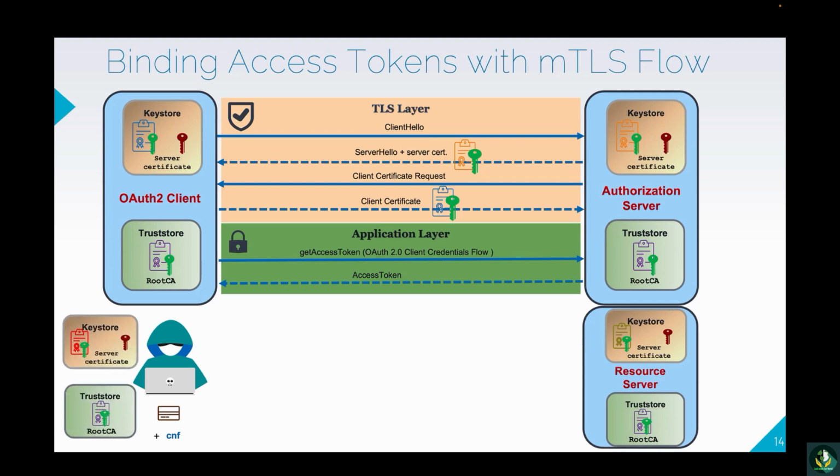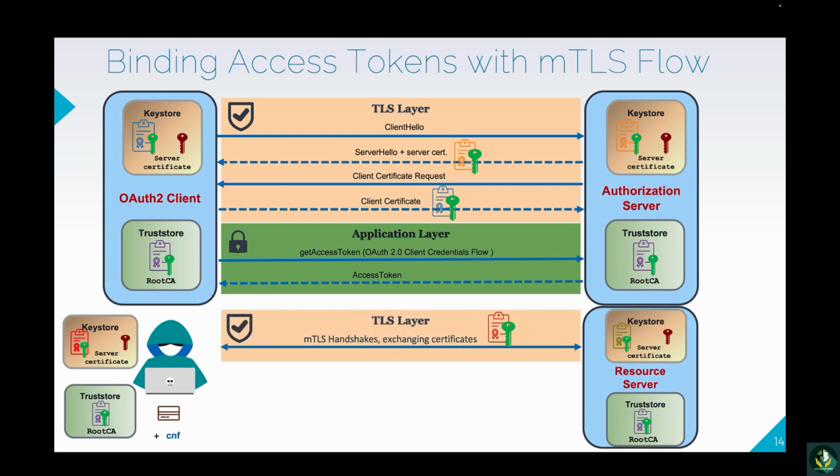The attacker has their own key store and trust store, but the key pair is certainly not the same as the client's key pair. The attacker sends a request to the resource server. Once again, the process begins at the TLS layer where the TLS protocol is performed. During the TLS handshake, the attacker masquerading as the client and the resource server exchange certificates.